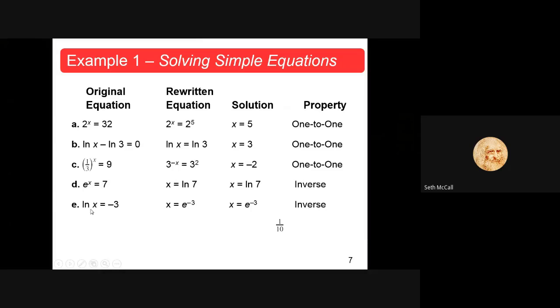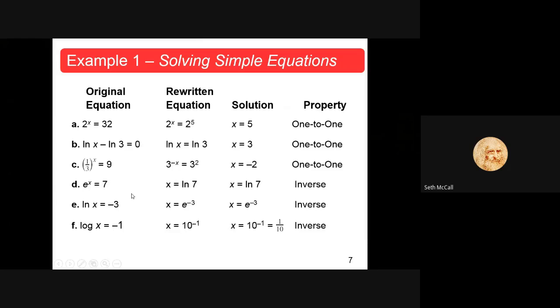So that's e, you start with the base, and then it's to the negative third power is going to equal x. And you can see right here we have e to the negative third power equals x. And that is also the inverse. So these two problems, D and E, are taking them from exponential form and putting them into logarithmic form, or taking them from logarithmic form and putting them into exponential form.